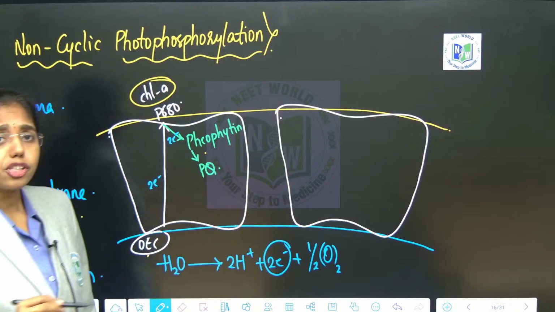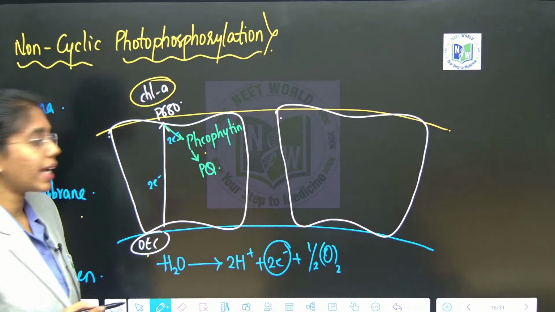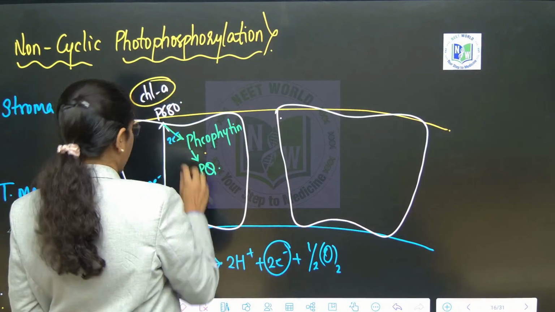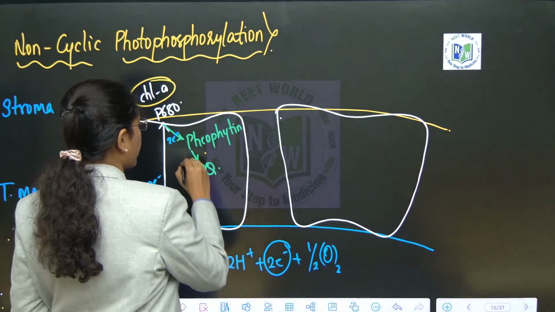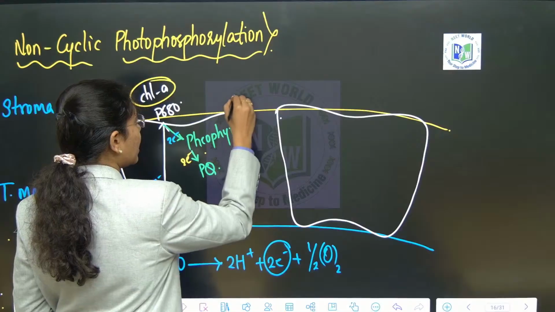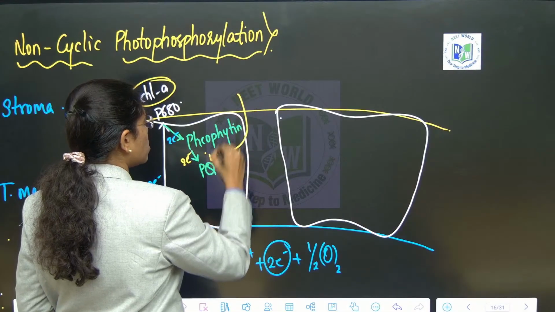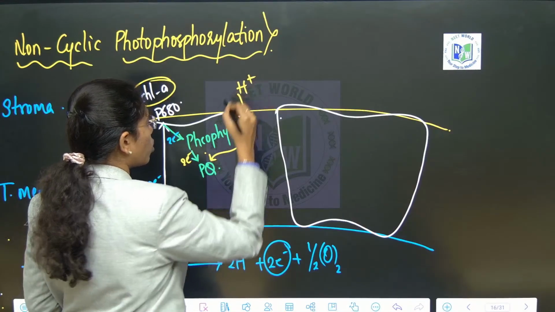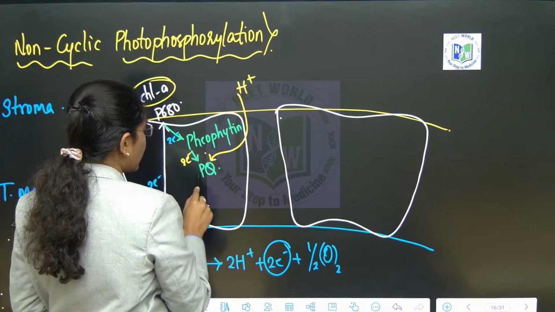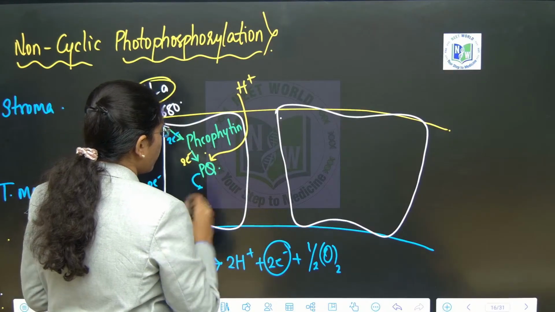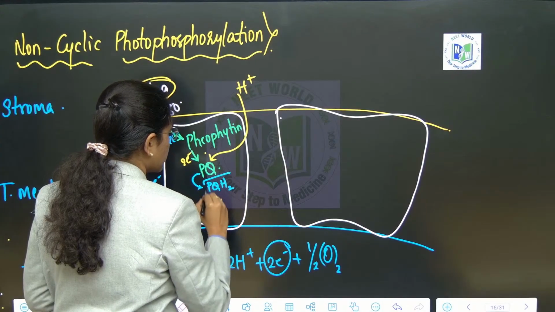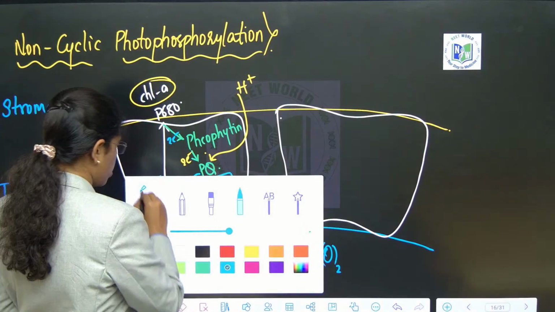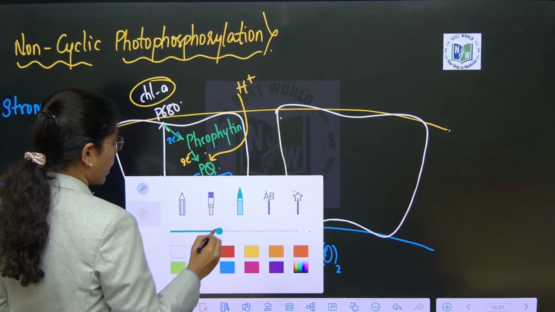Plastoquinone will start the quinone cycle here. As soon as it gets the electrons from pheophytin, it will parallelly accept protons from the stroma, and this gets converted to plastohydroquinone, PQH2. Fine.